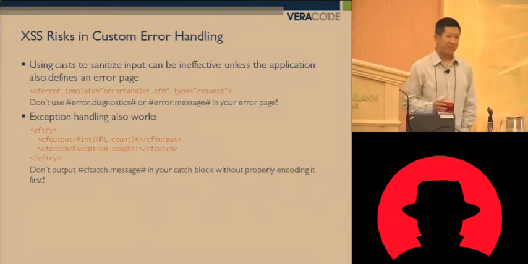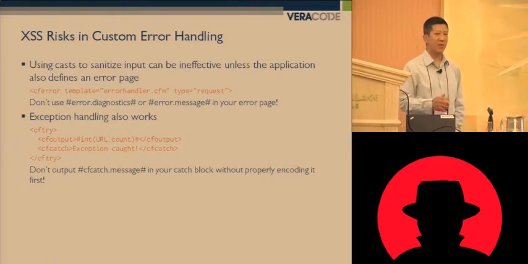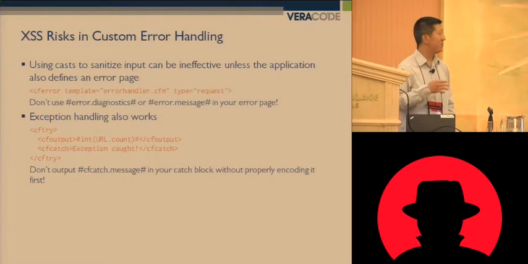So let's say you don't use the default error page, because let's face it, most applications, by the time they reach production, maybe sometimes somebody has told them not to use a default error page, maybe not for security reasons, but just because there's so much information displayed there, and it doesn't look pretty, or whatever the case may be. So you can define an error handler page that takes over when an error happens.